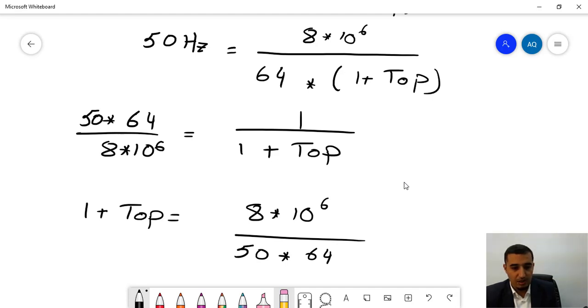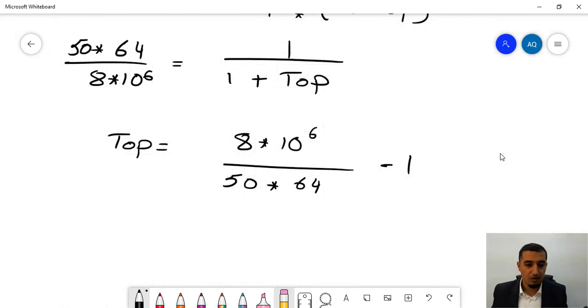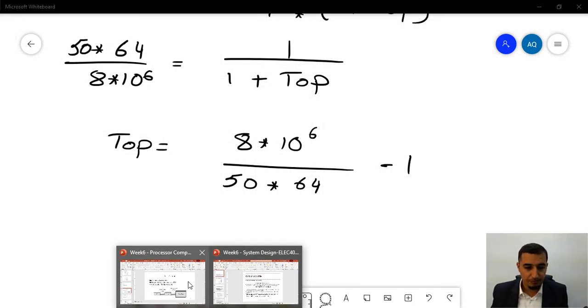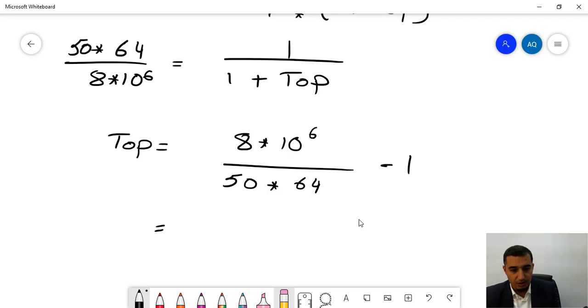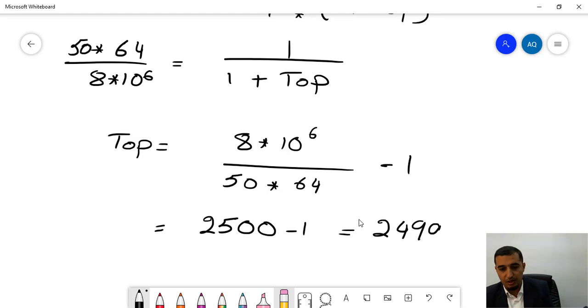I will move the 1 over here and then subtract 1. So this is the value of top. If you use the calculator, it will give you 2500 minus 1, which is equal to 2499.